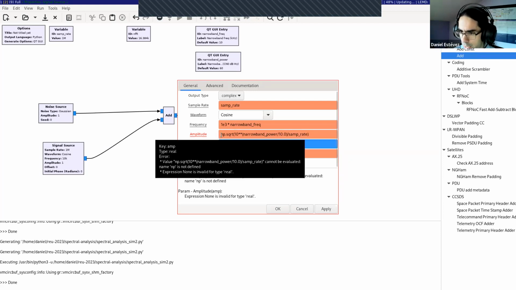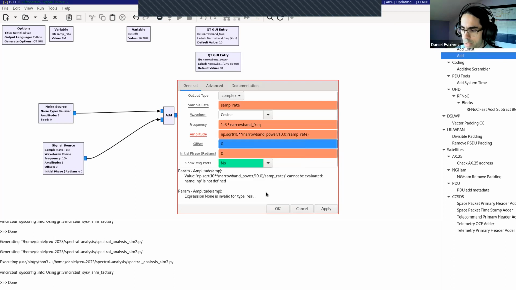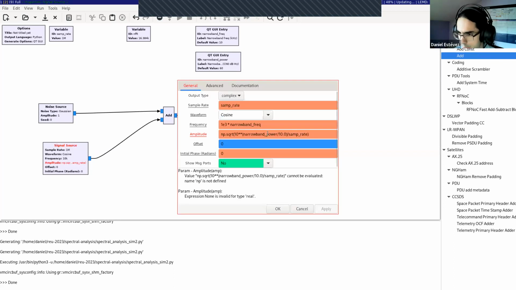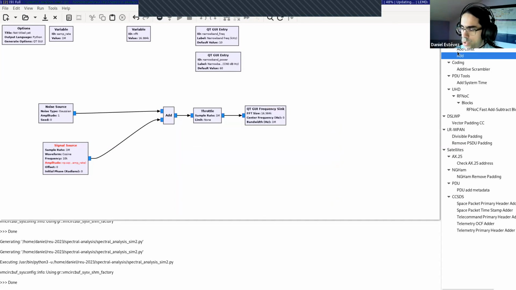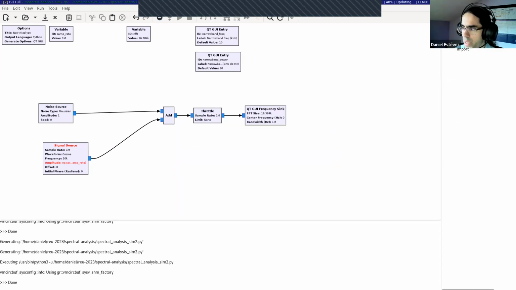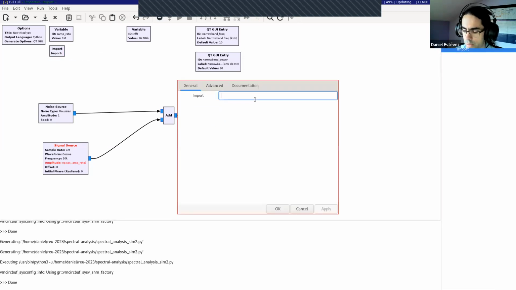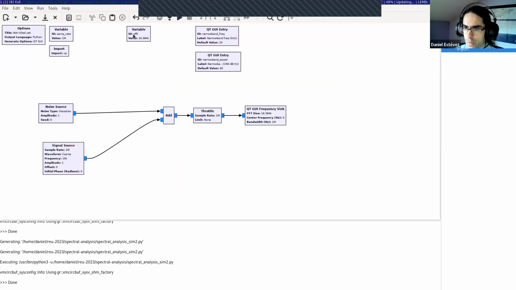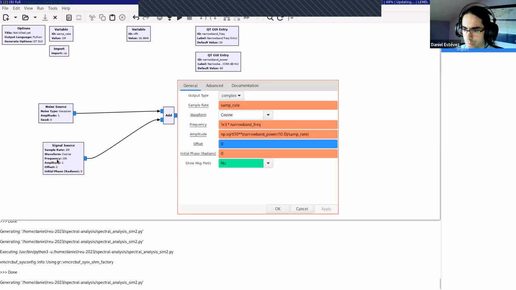So, okay, we have the amplitude, and something is wrong about this formula. MP is not defined, so I'm using MP for NumPy because I'm used to working in NumPy, but I need to import NumPy in this GNU Radio flow graph as I would do in any other Python script.